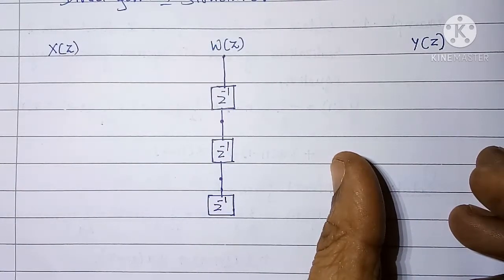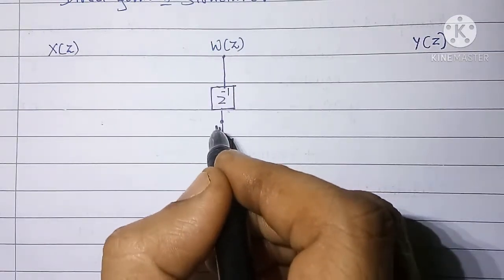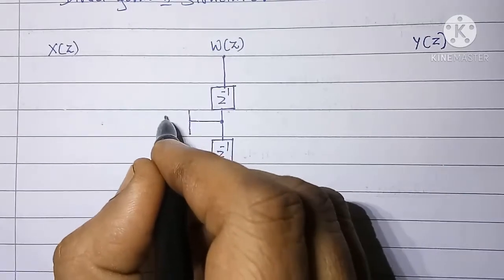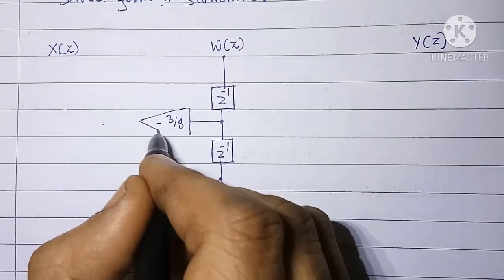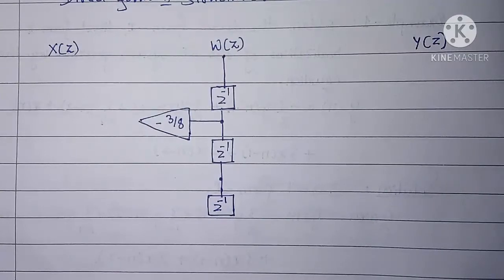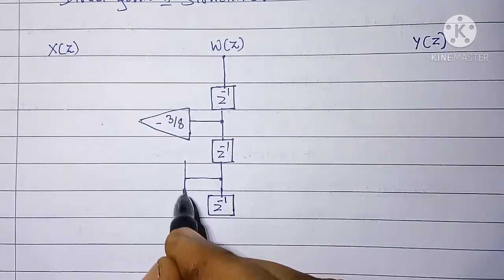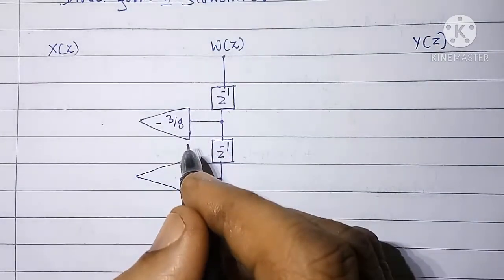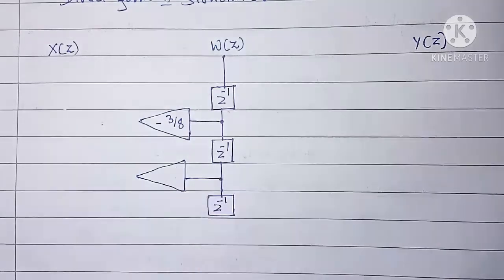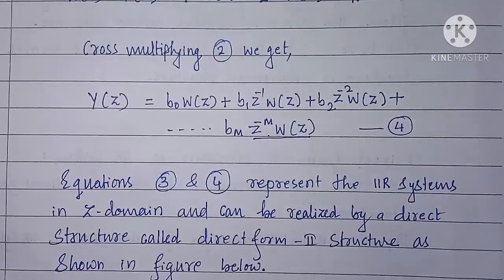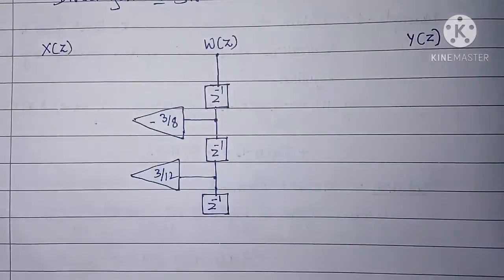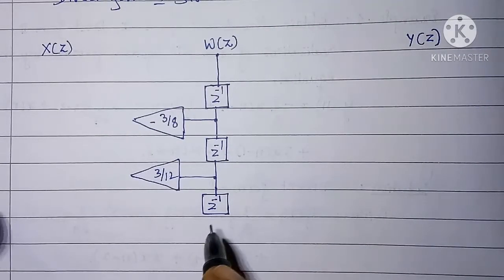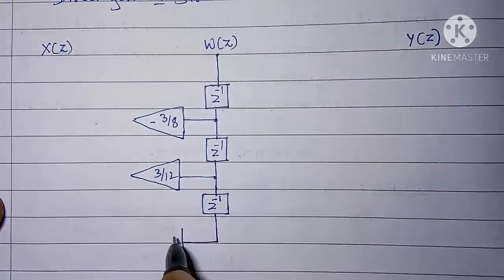If you do that, you will get minus 3 by 8, three by 12, and 1 by 64.